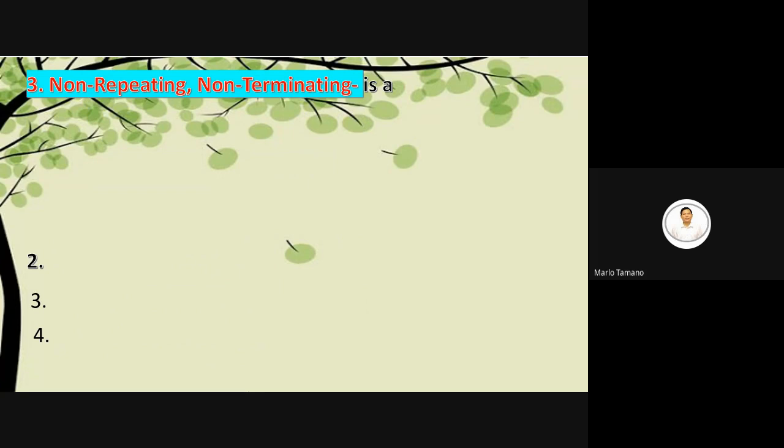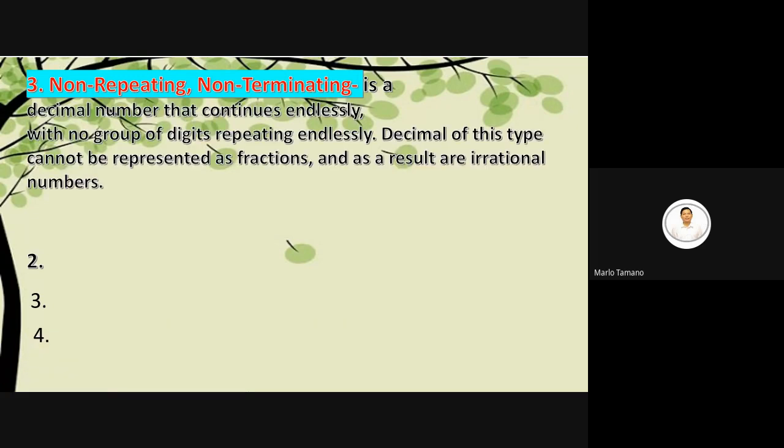So when we say non-terminating, wala pong katapusan. Okay? Now, non-repeating or non-terminating is a decimal number that continues endlessly with no group of digits repeating endlessly. Decimals of this type cannot be represented as fractions, and as a result are irrational numbers.